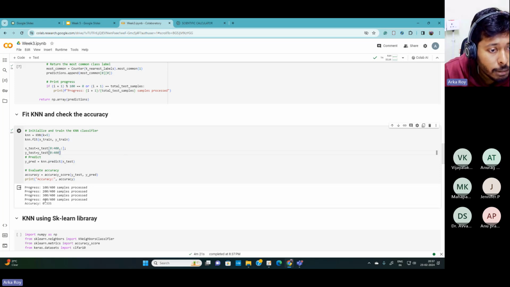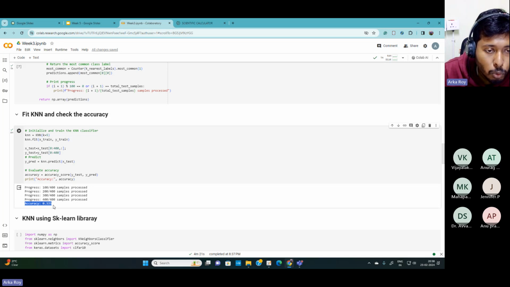Yeah, so 400 images have been processed, and you can see that accuracy is 0.335. That means you are getting 33.5% accuracy. But it may so happen that if you increase the number of images, it will be able to learn more.